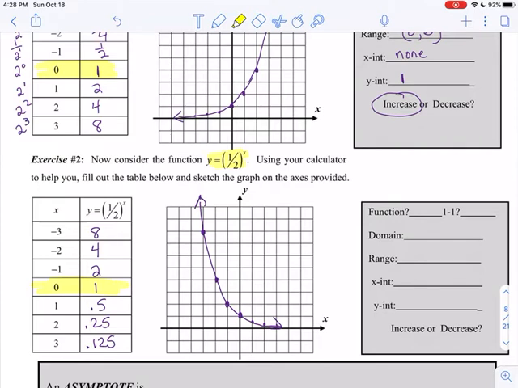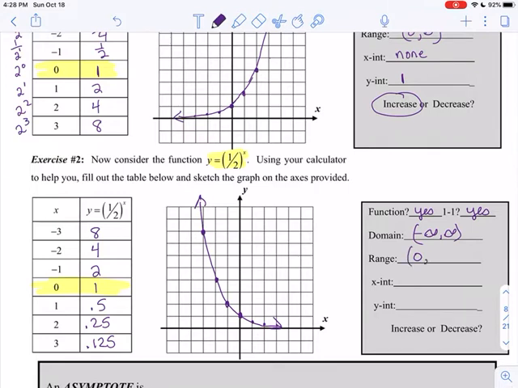Something interesting to point out, both of these points go through 0, 1. They both have a y-intercept of 0, 1. Okay. Is this a function? Absolutely. It passes the vertical line test. Is it 1 to 1? Does it pass the horizontal line test? Yes, it does. The domain is the same, -infinity to infinity.